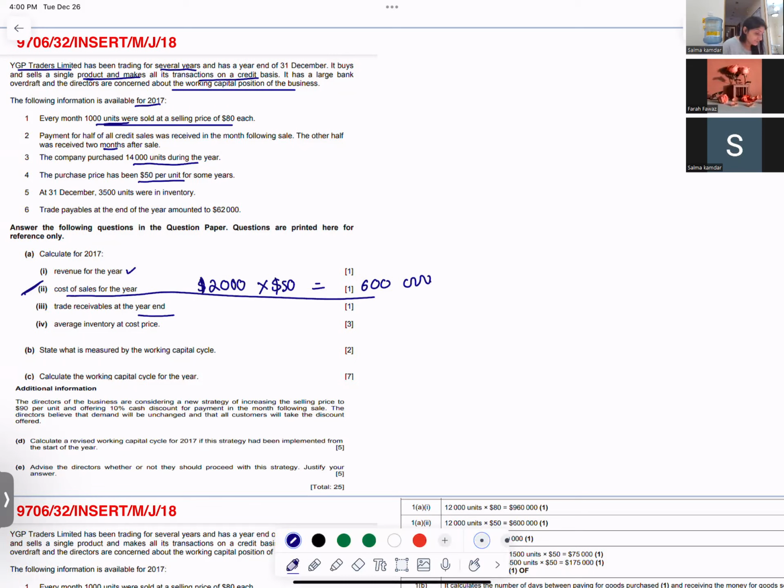Now, at December 31st, 3,500 units were in the inventory. And trade payables is 62,000. Can you give the average inventory? Average inventory is opening inventory plus closing inventory divided by 2.